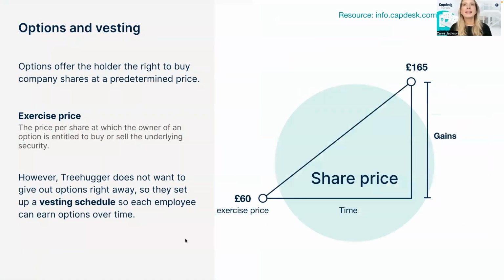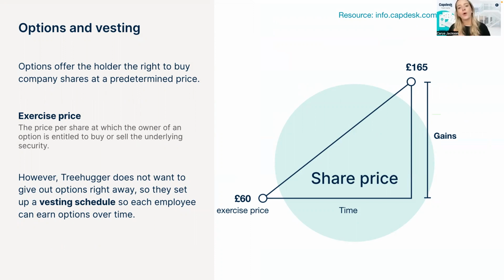So options are mainly used here in the UK, and they offer the holder the right to buy company shares at a predetermined price. So how do options work? Let's give an example. So let's just take Instagram. Let's say you have the right to buy a share in Instagram for £60. Now, that doesn't mean that you have the share.